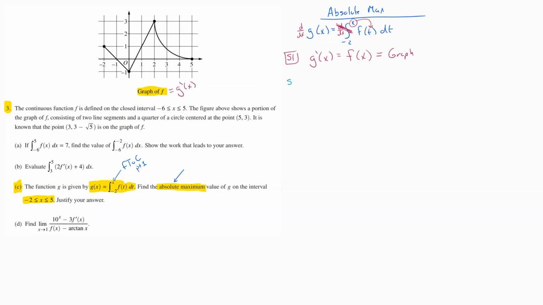Then step 2 of the problem is I want to find any critical values. So I want to know when does g prime of x equal 0 or when is g prime of x undefined, does not exist. Looking at my graph now, I want to know when does the graph equal 0.